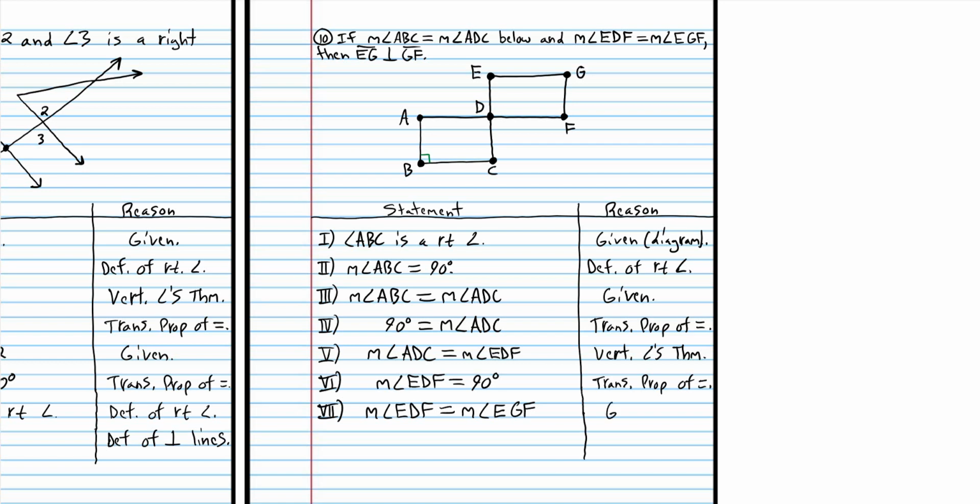And that is given information. So now again we're going to use a transitive property. So we have two things that are both equal to EDF, so they must be equal to each other. Measure of angle EGF must be equal to 90 degrees. Transitive property of equality.